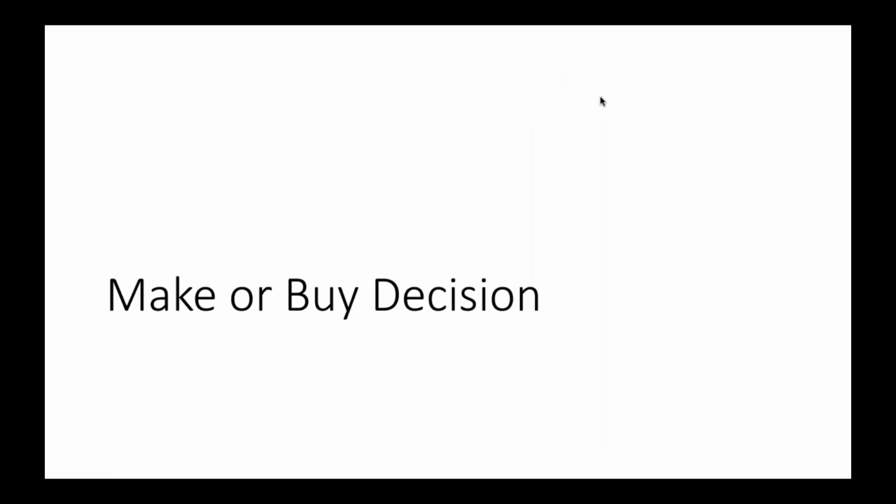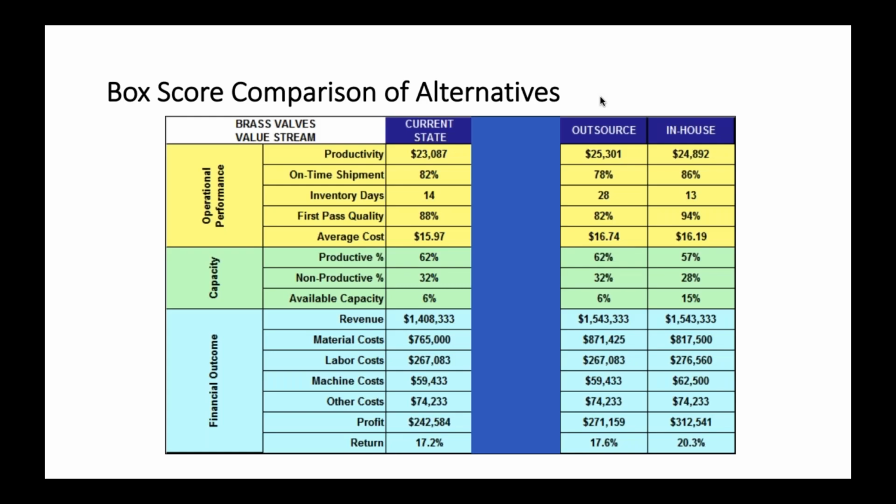Make-buy decision. This is a very common decision, especially in manufacturing. Should we produce a product in-house or should we outsource it? In this case, we have a current state, and you can see in the column the current state box score. We have a choice here. We can outsource production for a certain product, or we can make it in-house.